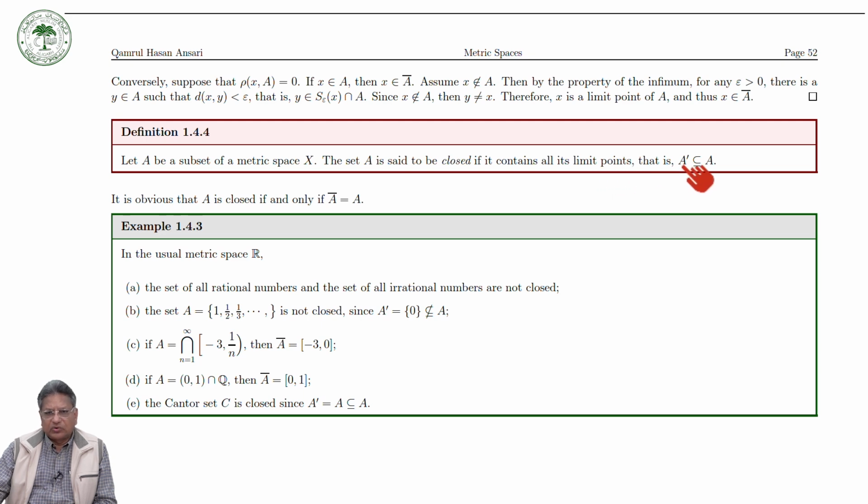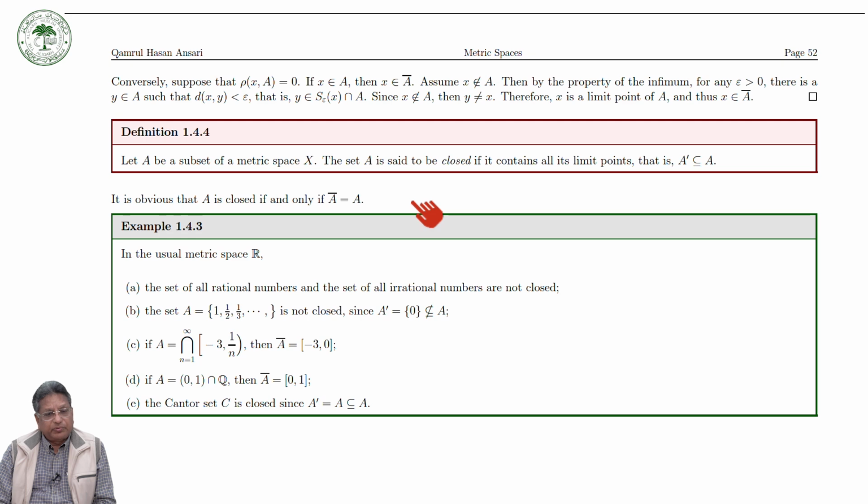That is to say, the closure of A is a subset of A. So it is obvious that A is closed if and only if the closure of A is A. Because if it contains all its limit points, the derived set must be a subset of A. The closure of A is equal to A union the derived set, but the derived set is already contained in A, and therefore the closure of A is equal to A. So a set is closed if and only if the closure of A is equal to A.